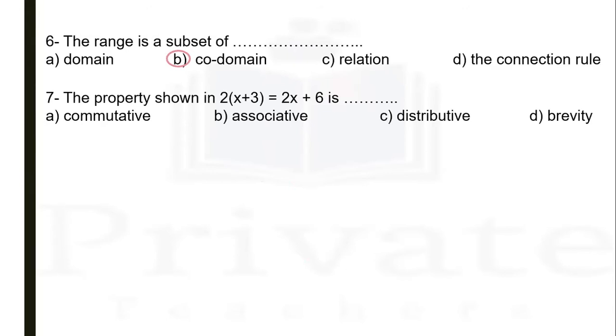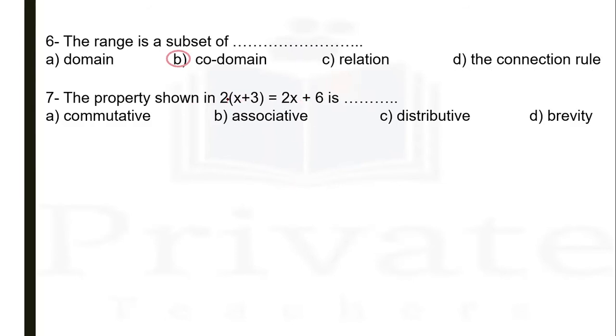The property shown in 2 in a bracket x plus 3 is equal to 2x plus 6. If you look at it here, we have 2, and the sign between the 2 and the bracket is multiplication. So we have to expand this value to get the answer.